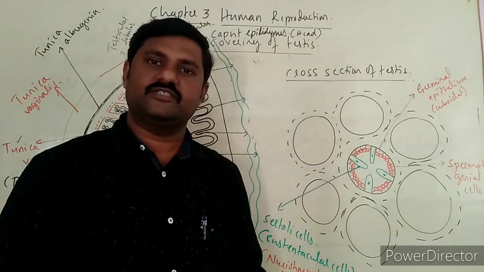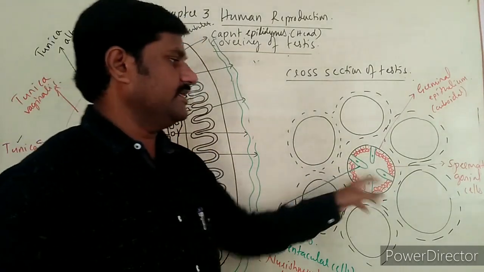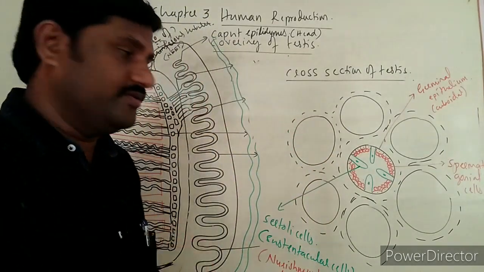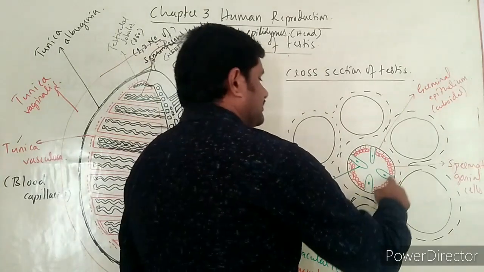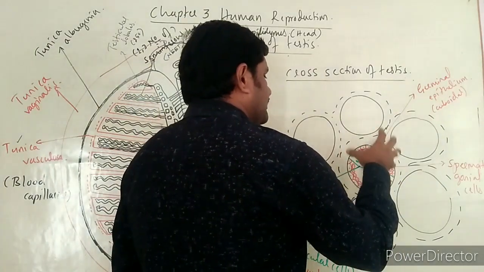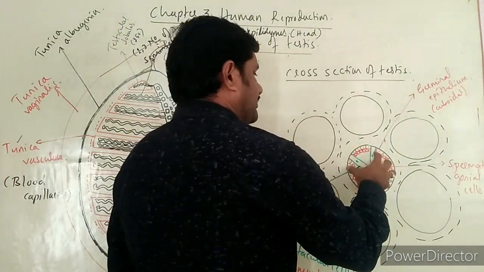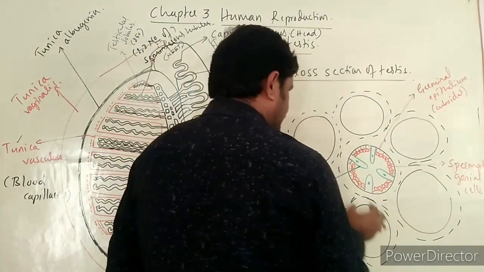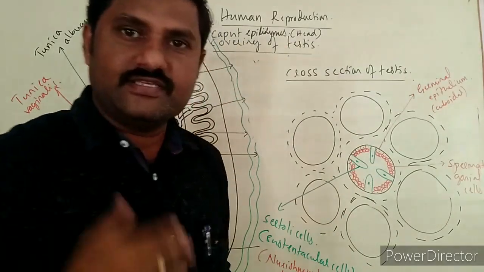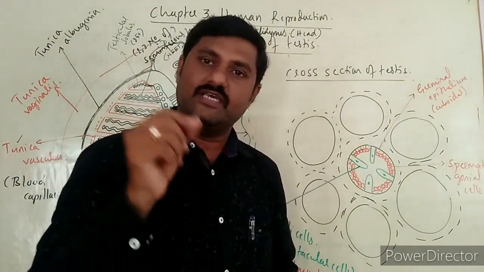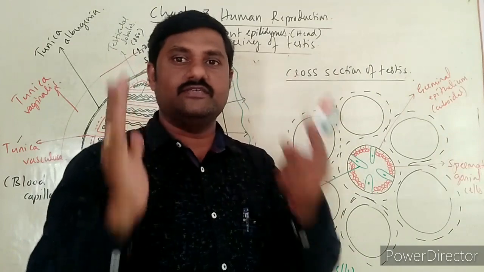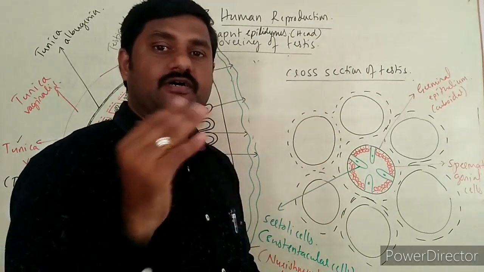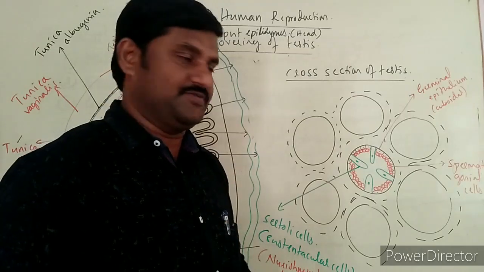This is a more important point to be noted. I have shown this only in this one seminiferous tubule; the same type of cells are present in this one, this one, this one, and this one. The same type of arrangement of the cells is seen over there, so this must always be kept in mind by you people. I hope you are understanding this, right?